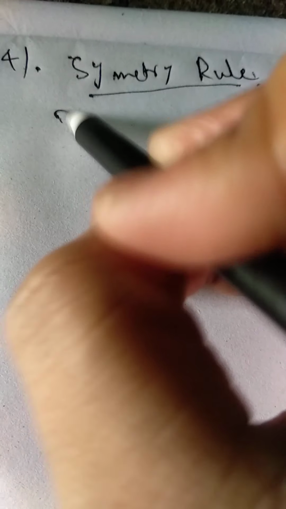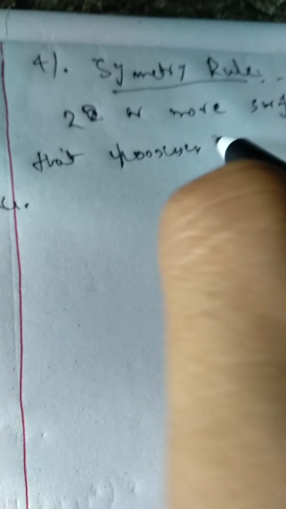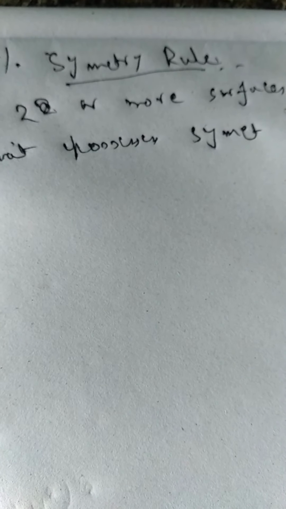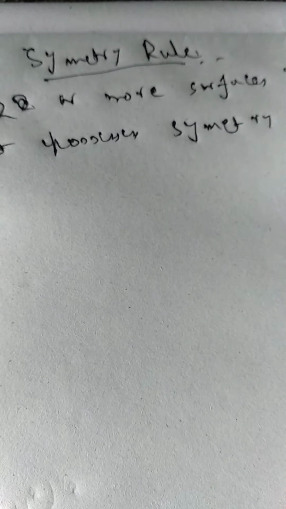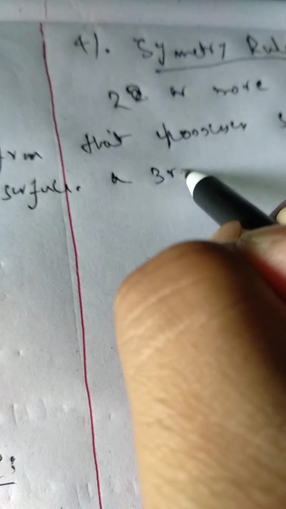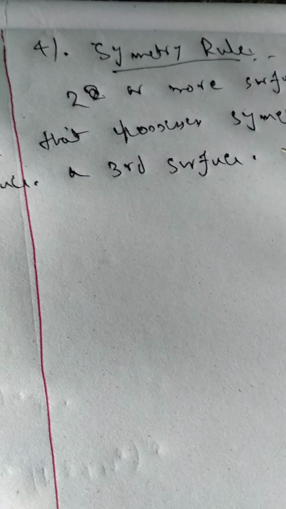So the symmetry rule we can write as: when two or more surfaces that possess symmetry about a third surface will have identical view factors from that surface.